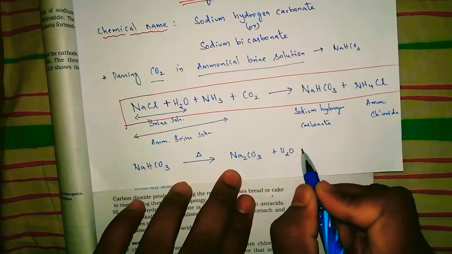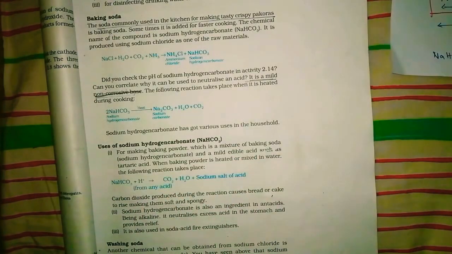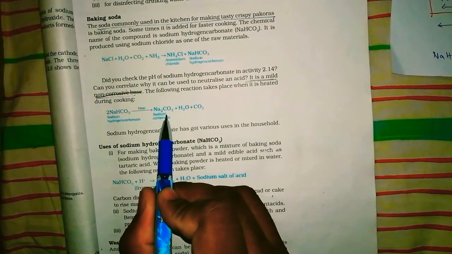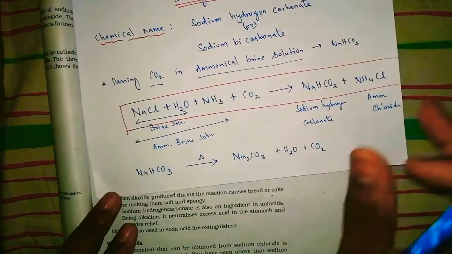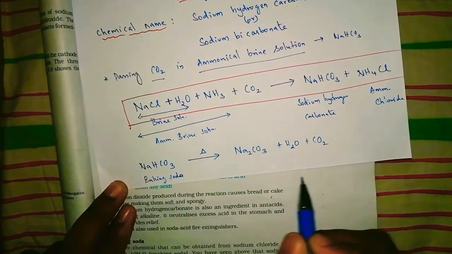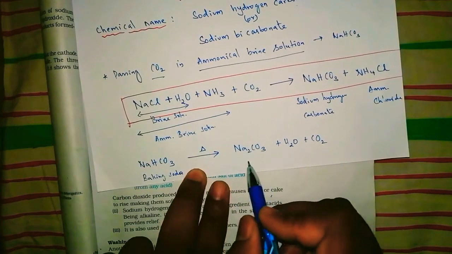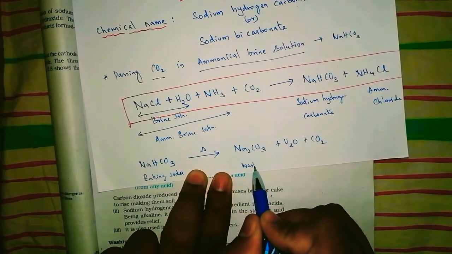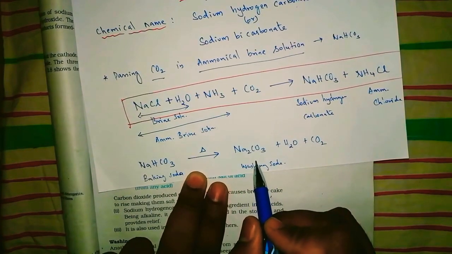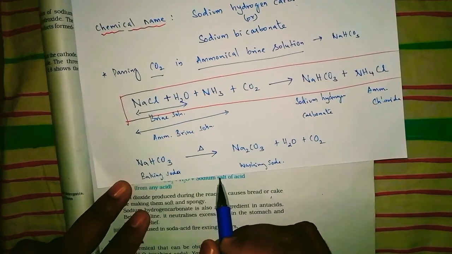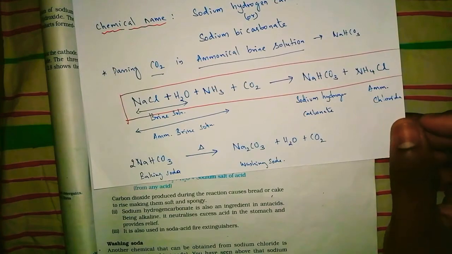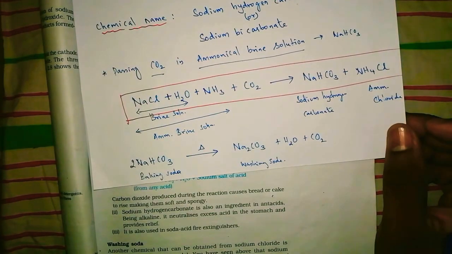So when we heat sodium hydrogen carbonate, we are going to get sodium carbonate. Sodium hydrogen carbonate, we know, is baking soda, but when we heat baking soda, we get washing soda. What is the name of washing soda? It is sodium carbonate. That needs to be balanced. One sodium here, 2 sodium there, so we just put 2 here and everything will get balanced, right?